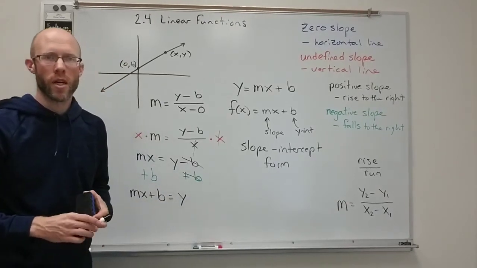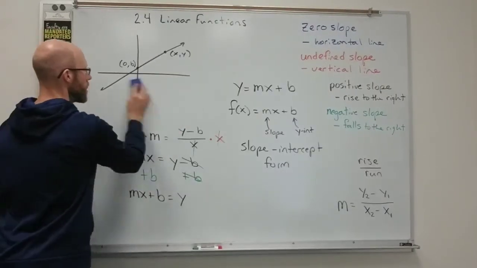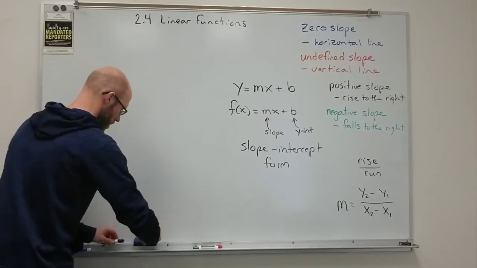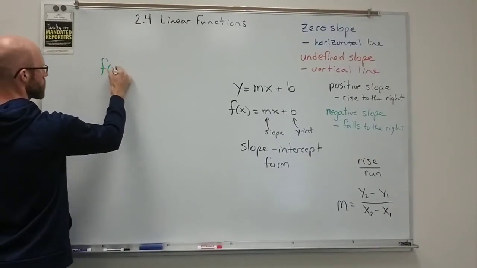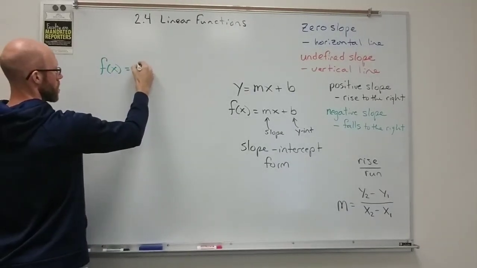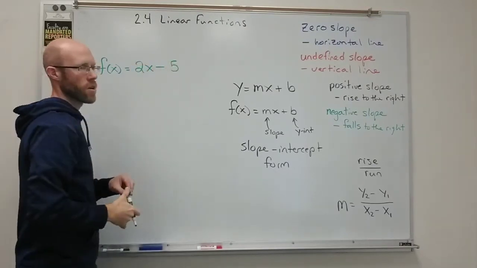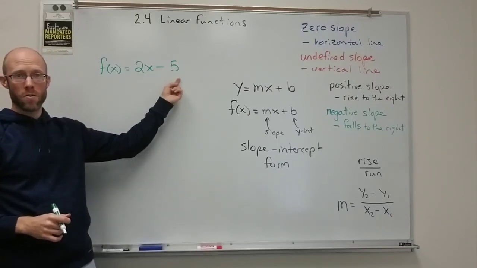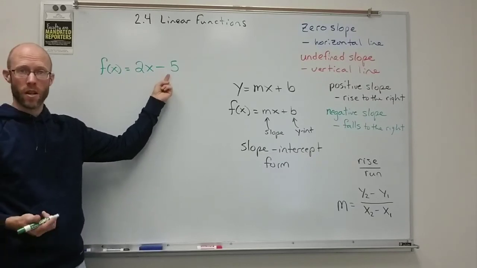So if we look at a quick example, any function in that form. So anytime I have a function that looks like f of x or y, it doesn't matter. f of x equals 2x minus 5. Well, that tells me right away that the slope is 2 and the y-intercept is negative 5 because the 2 is multiplying the x, the negative 5 is a constant.